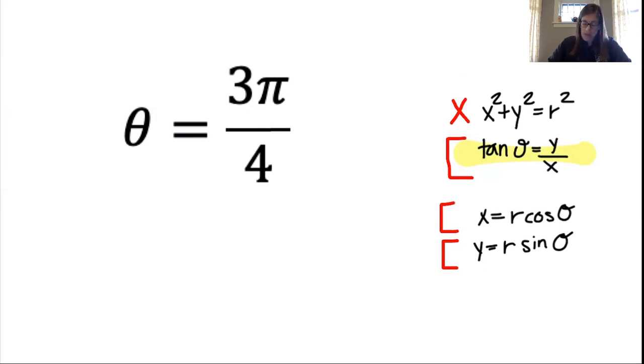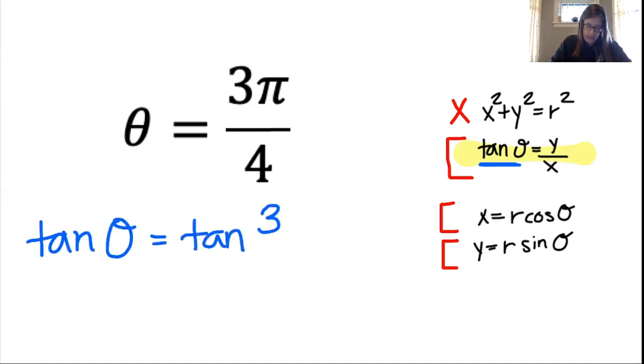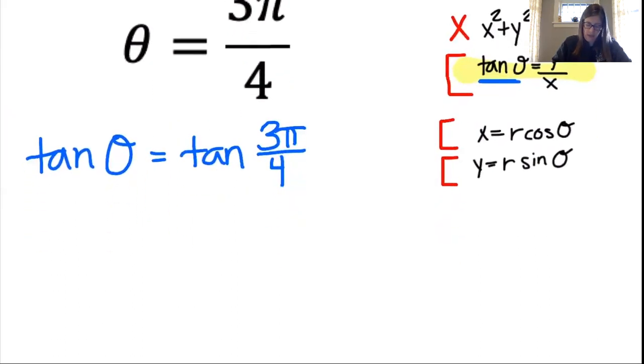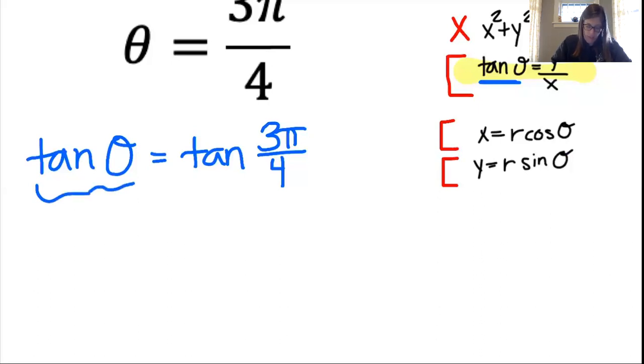Okay. Well, really, I'm focused on this part right here because I have the polar piece theta. How can I make it look like tangent theta? Take the tangent of the left side, and that's allowed as long as I take the tangent of the right side. So now tangent theta is really just y over x.